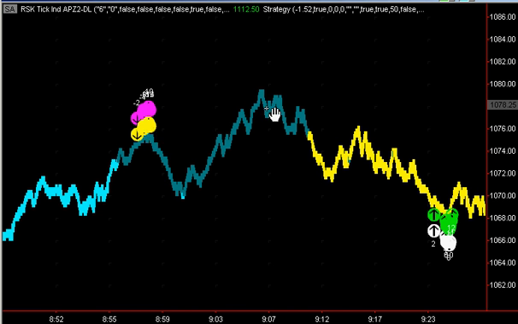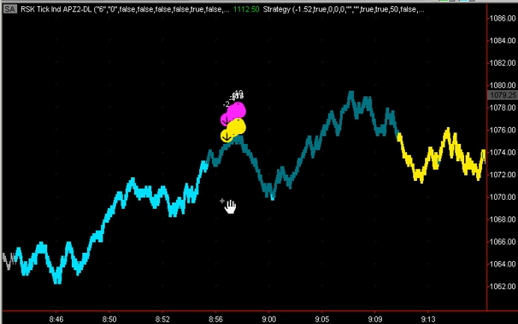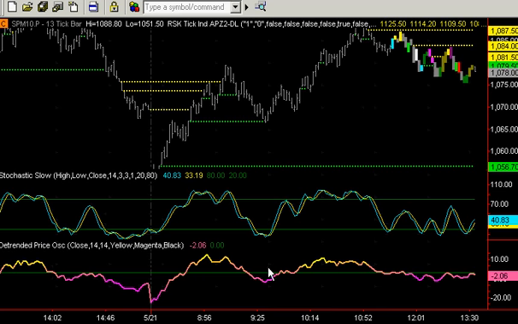Now, to explain what we mean, I'll put it in a very simple format for you. Notice the trade is taking place here just before 9 o'clock, and then we go higher at around 9:06. So now let's notice our two indicators here, a stochastic and a DPO, Detrended Price Oscillator. Here at this high, where we had the initial sell signals that took place right in here, notice where the DPO was here compared to here.